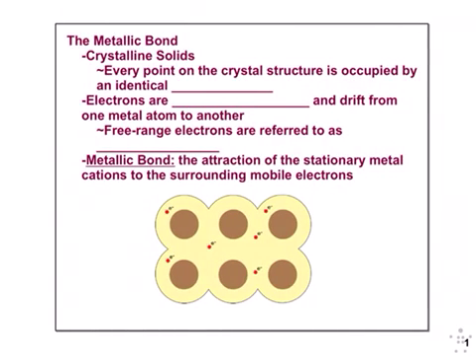So metallic bonds will occur in crystalline solids, and in these metallic bonds, every point on the crystal structure is going to be occupied by an identical atom. And this is different from what we've been talking about with the ions, because those had the alternating positive, negative, where here we just have the total neutral atom side by side.